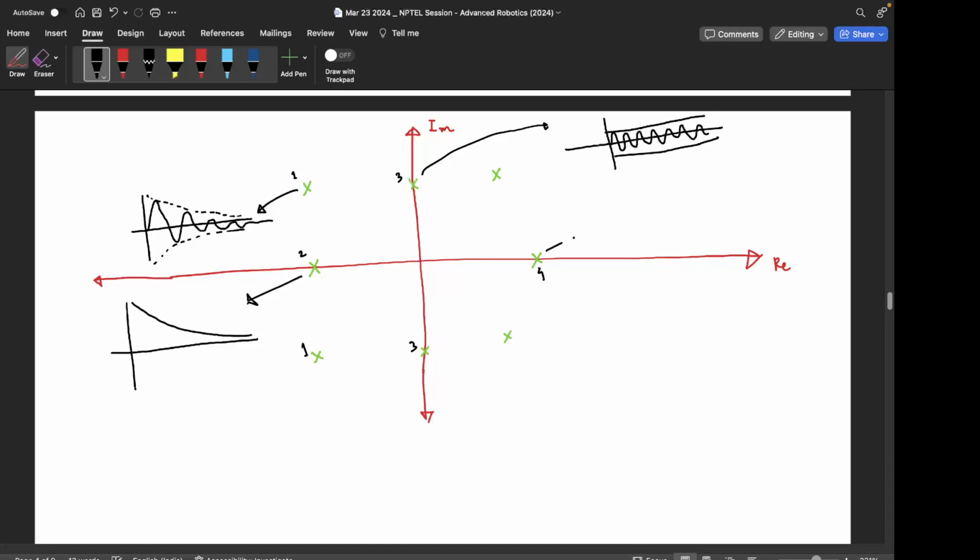Now fourth is this one. So these last two cases, they have positive real parts, so this will grow unbounded, right?